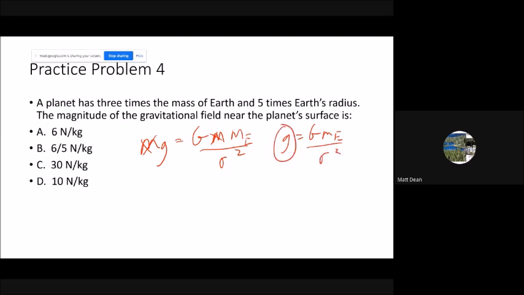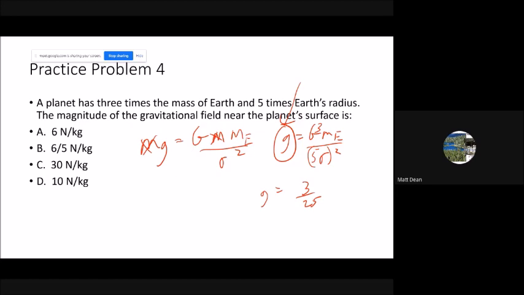A lot of times you think of this as acceleration due to gravity, but this is also called the magnitude of the gravitational field, g. So if a new planet has 3 times the mass of the Earth, put a 3 here, 3 times Me, and 5 times the radius. We've got to square that. So g is going to be equal to 3 over 25 of the Earth's g.